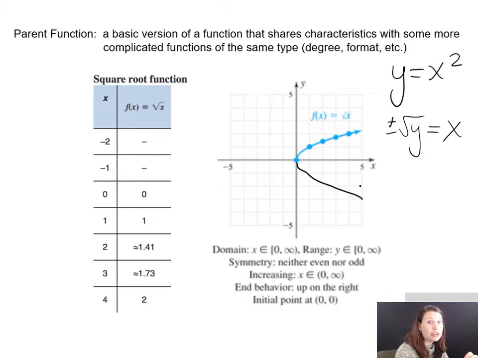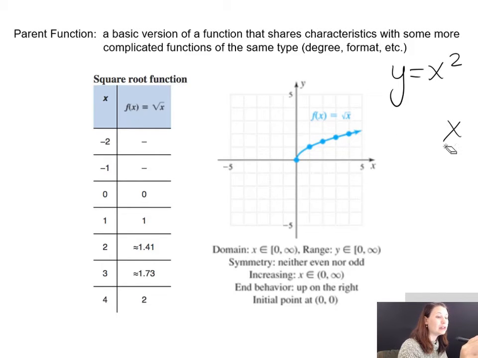That's no longer a function, because it doesn't pass the vertical line test. So we don't have that. We just have the positive version of it, meaning it's a function, because we want to keep it in function form.